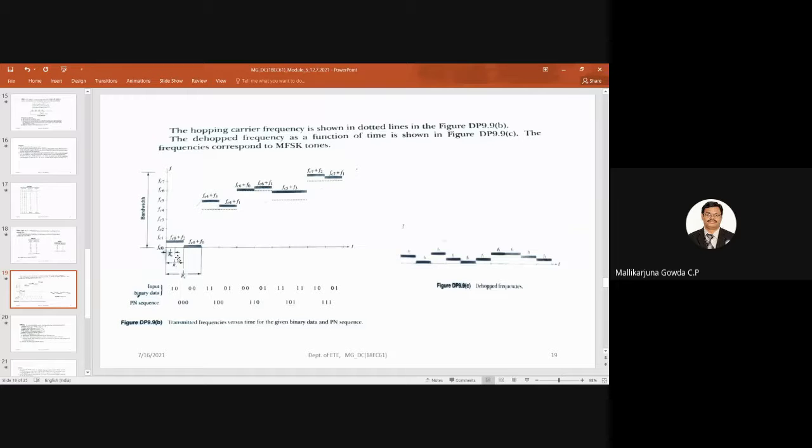Next one is FC0 plus F0. So this will be your hopping rate, this will be your bit rate, and this is your symbol rate. Hope we're able to make the difference between bit rate, symbol rate, and hopping rate.